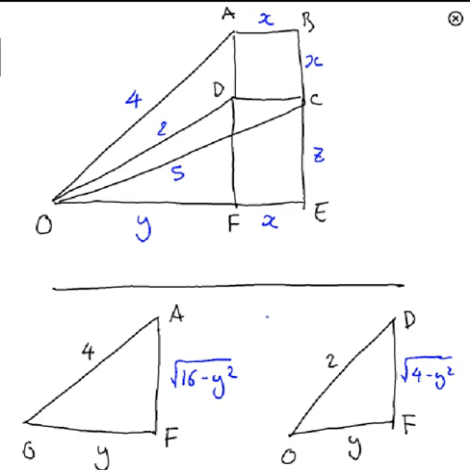I've got one more right-angled triangle. It's this one. These are all right-angled triangles. So this has a length of x plus y. Sorry, this is angle OEC. This is Z. This is 5. So what have we got?